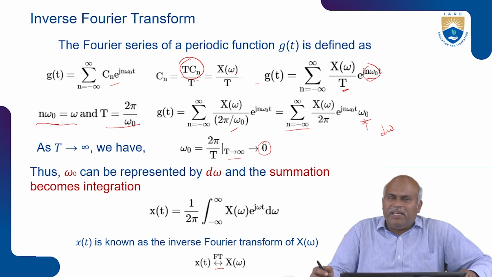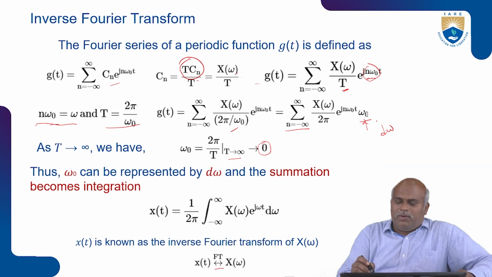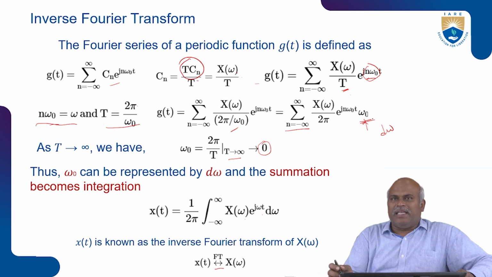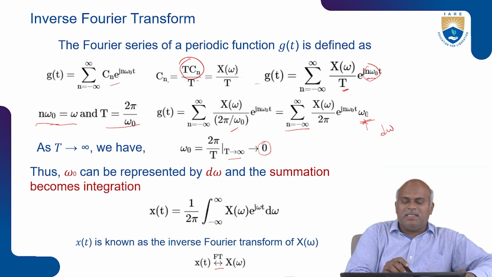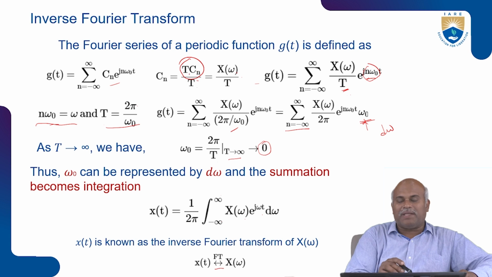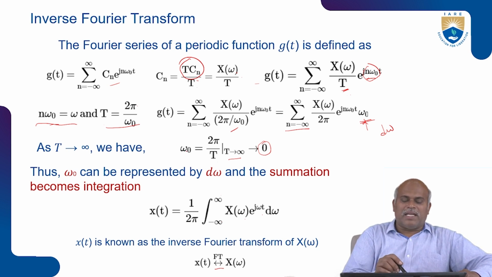Here we need to remember that omega 0 is represented as d of omega. Then we write C of n equal to T into C of n divided by T, so both the T get cancelled. As per the Fourier series, we know T C of n is equal to X of omega. Then we substitute here the limit T tends to infinity, where T is 2 pi by omega 0.